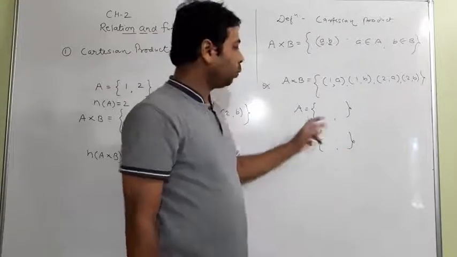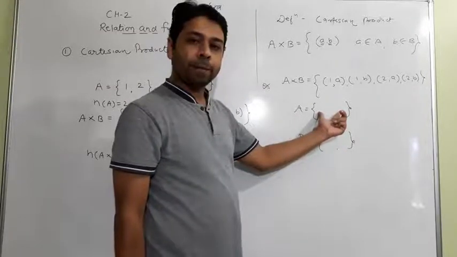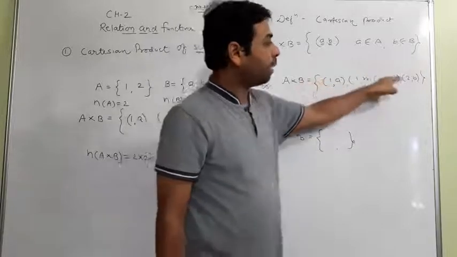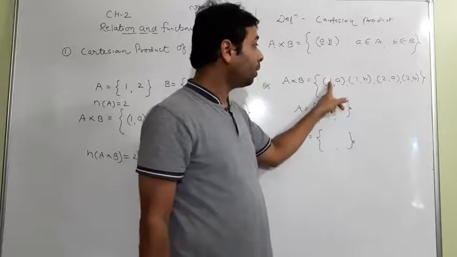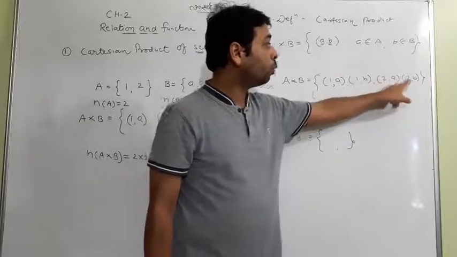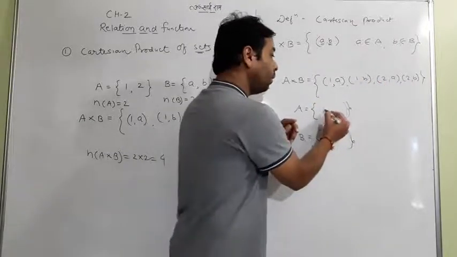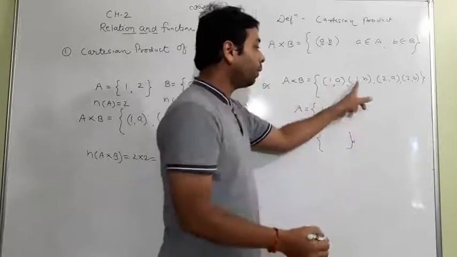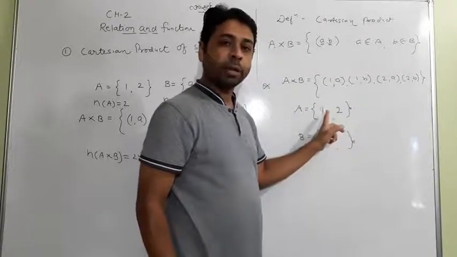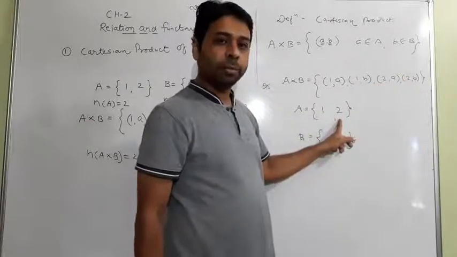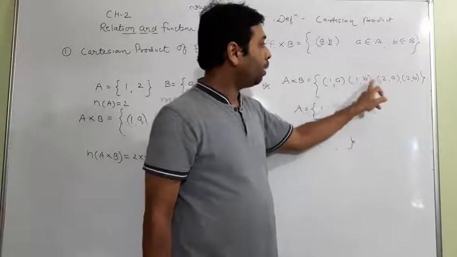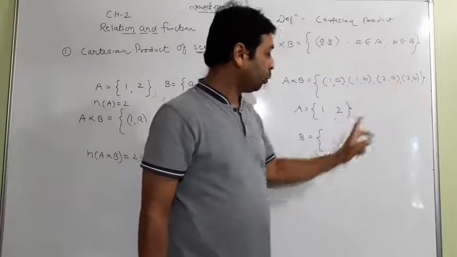Whenever you are told to find capital A, look at all the first elements and make the set. All the first elements are 1, 1, 2, 2. So you will write 1, 2, because you cannot write an element twice in a set. Likewise a, b you will write once.